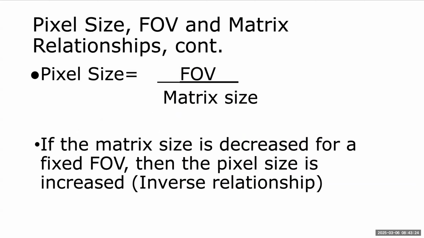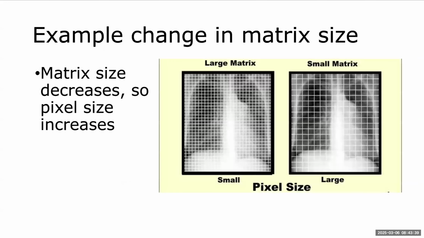And then we can also look at if the field of view stays fixed. So let's say we keep the same size IR, but the matrix size is decreased, then the pixel size is going to have to get bigger. So that's an inverse relationship. So again, let's look at this. So here we're still with the same field of view, the same IR size, but now the matrix size is getting smaller.